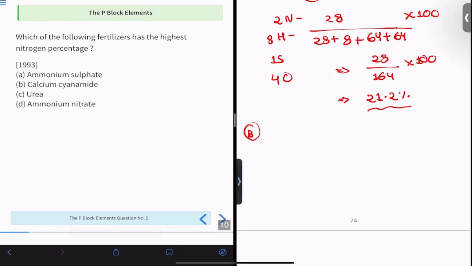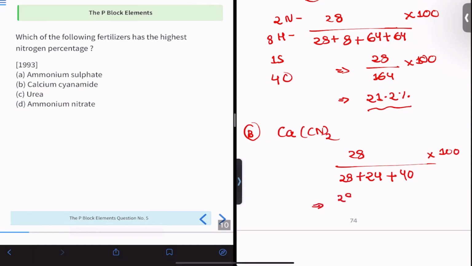Coming to option B, calcium cyanamide. The formula is CaCN2. Again 28, because two nitrogen are present, you have to calculate it very fast, guys. 28 upon 28 plus carbon: two carbon are present, one carbon has atomic mass of 12, 12 into 2 is 24, plus calcium's atomic mass is 40, into 100.